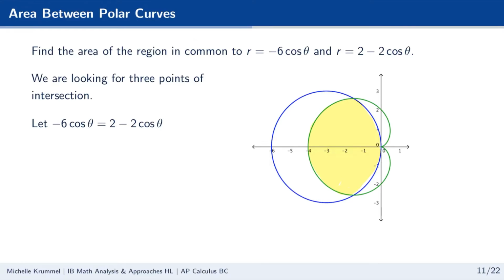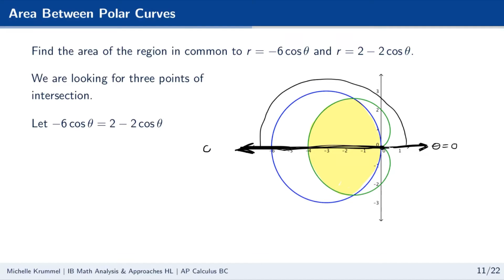Assuming here's the angle theta equals 0, if we integrate from 0 all the way to pi, so here's the angle theta equals pi, it looks like we're going to get exactly half of each graph. And so we don't necessarily have to go all the way around the circle. Let's try and just find the area using the top half of each one of these functions.